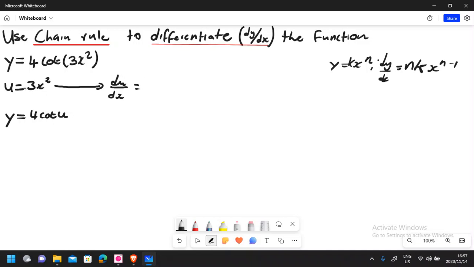If we say k is our 3, it's going to be 3 multiplied by n, which is 2, and then x to the power of n, which is 2, minus 1. If we continue, 3 multiplied by 2 is going to give us 6, and x to the power of 1. Remember, 2 minus 1, it's x to the power of 1, so that is going to be x.